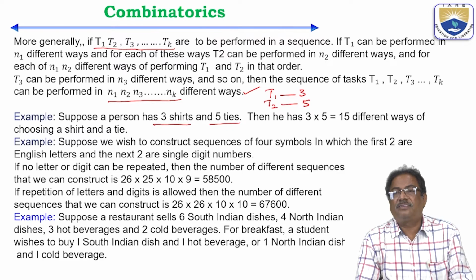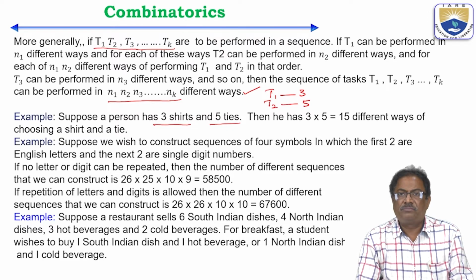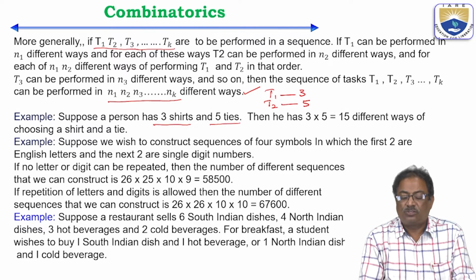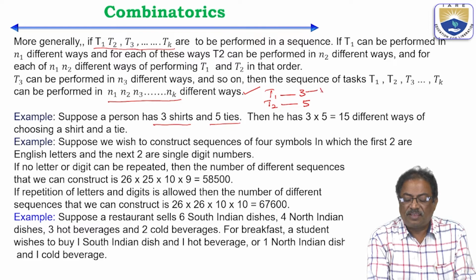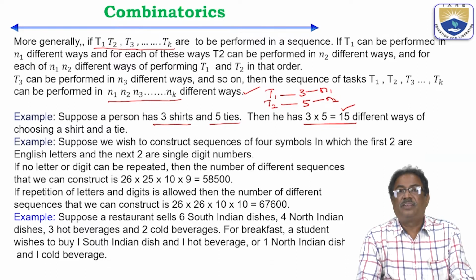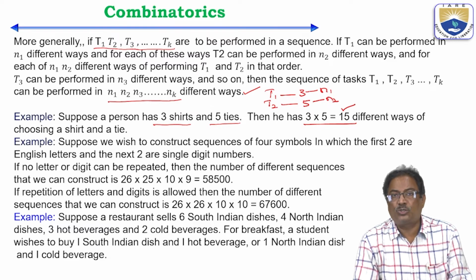He is going to select a shirt as well as a tie, so both tasks are performed. This is N1 ways, this is N2 ways, so this is 15 ways. He can choose a shirt and a tie in 15 ways.